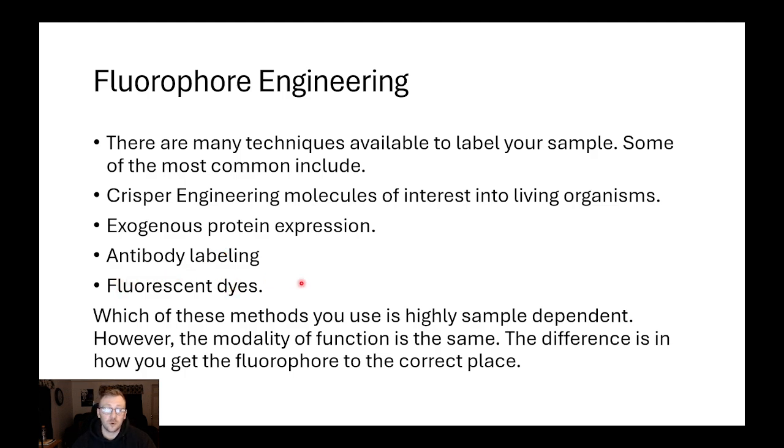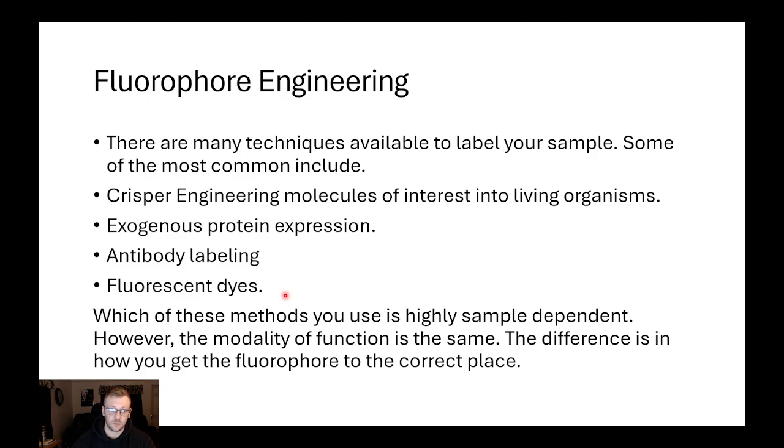And then the third is fluorescent dyes. These are not proteins; these are chemicals that are meant to interact with and stain different motifs inside of your cell or whatever your system of interest is. These dyes are usually not very specific, which is usually a downside. But the upside is they're usually really easy.